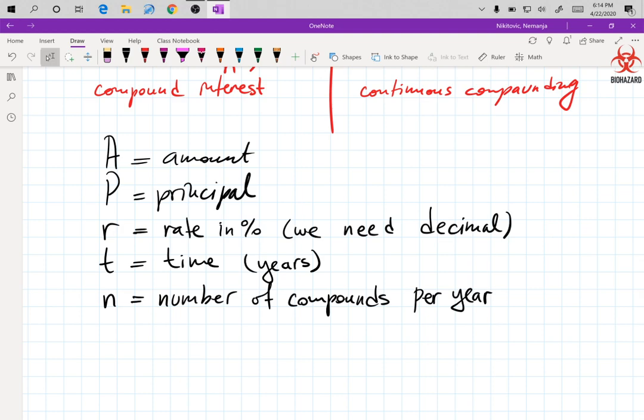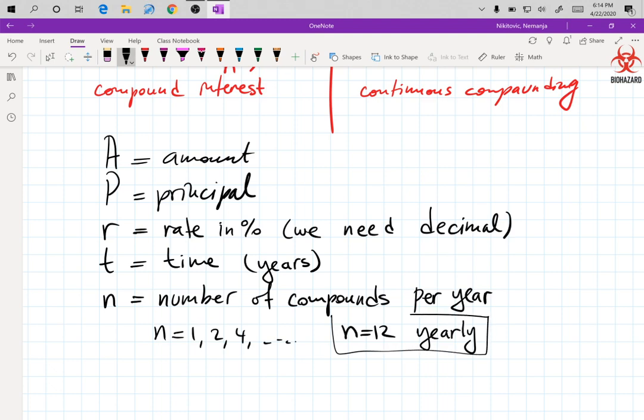So we have N equals 1, 2, 4. It can be anything. The most frequent one is N equals 12. That's monthly. N equals 52 is called weekly.